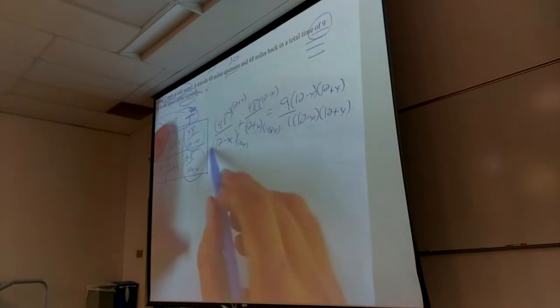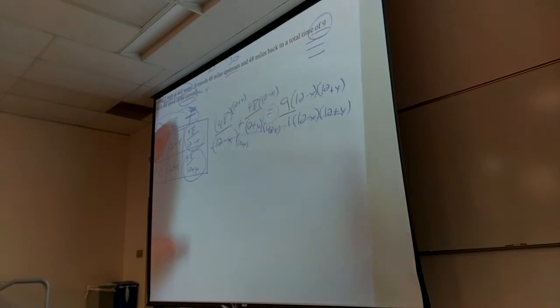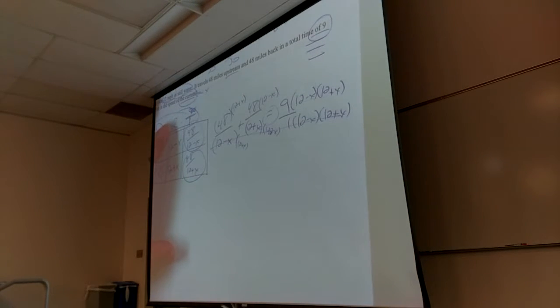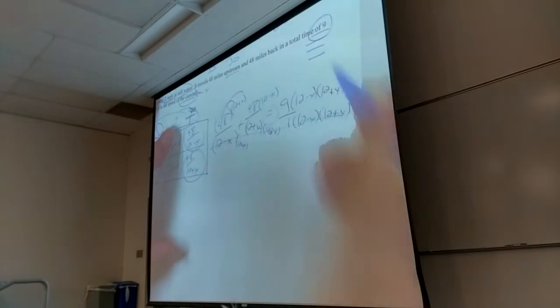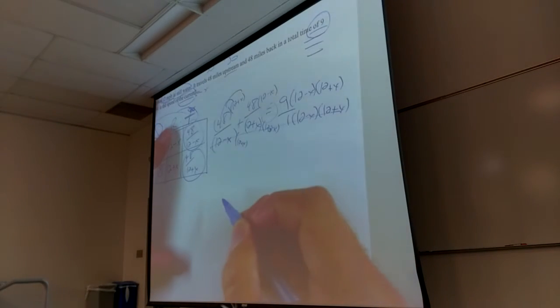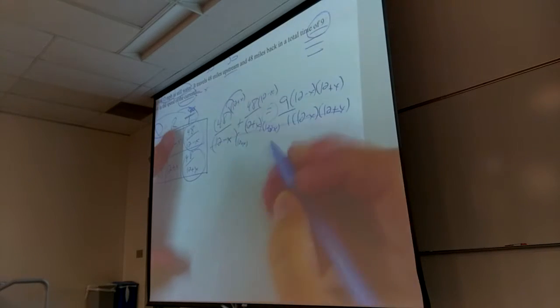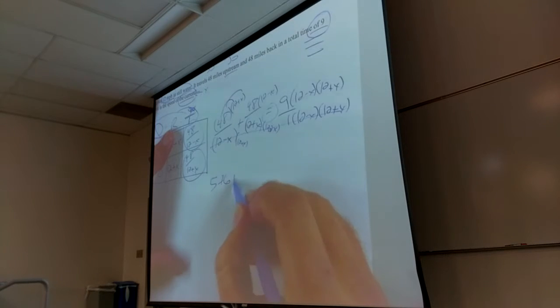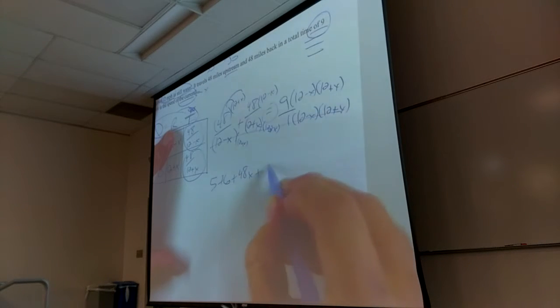So then again, I can kill the bottoms because it's an equation. I can multiply both sides by that bottom. Now I just distribute. Oh, what's that going to be, Jeff? 96.